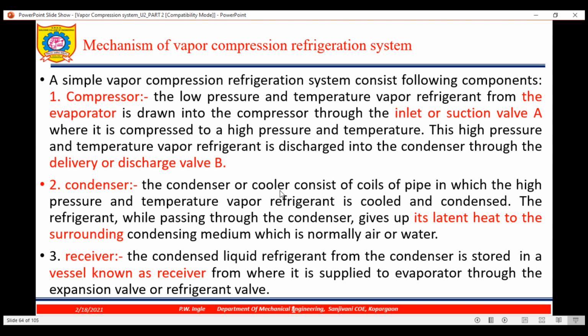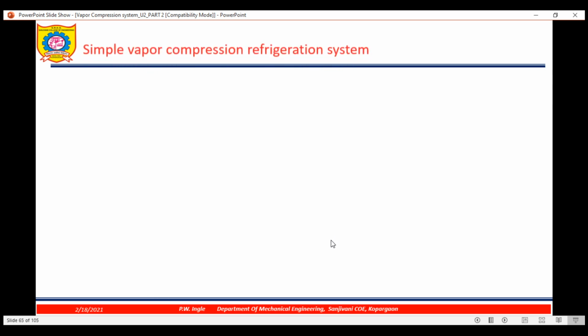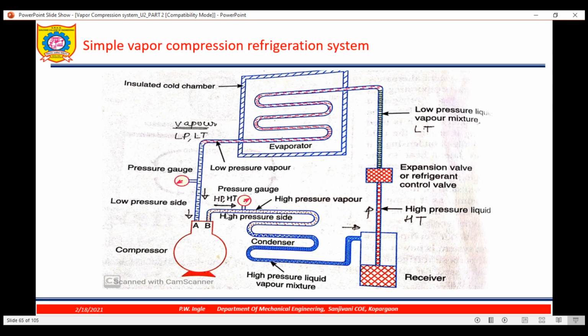Now next component is condenser. The condenser, or cooler, as it is also called, consists of coils of a pipe in which high pressure and temperature vapor refrigerant is cooled and condensed. The refrigerant, while passing through the condenser, gives up its latent heat to the surrounding condensing medium, which is normally air or water. So what is happening in condenser? After compressor, high pressure, high temperature vapor enters the condenser.